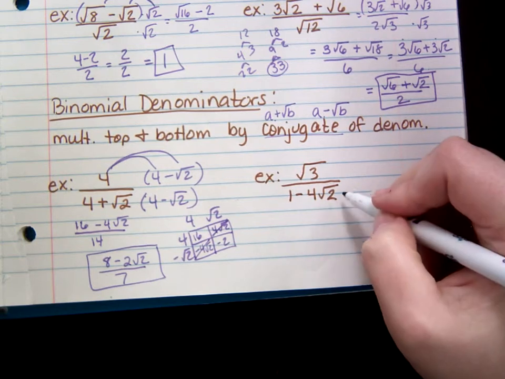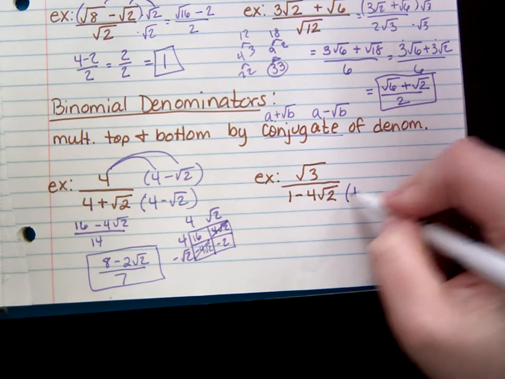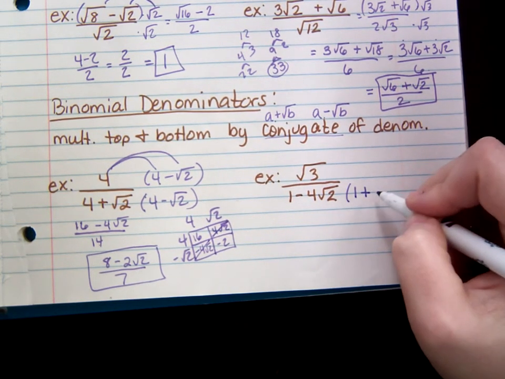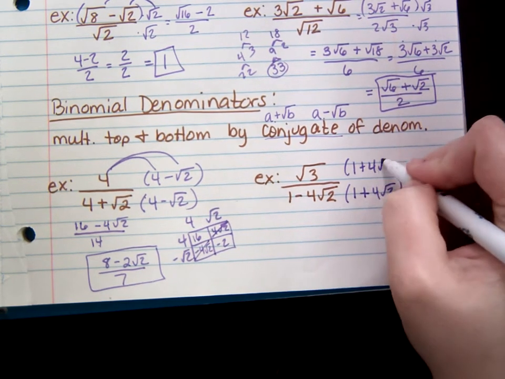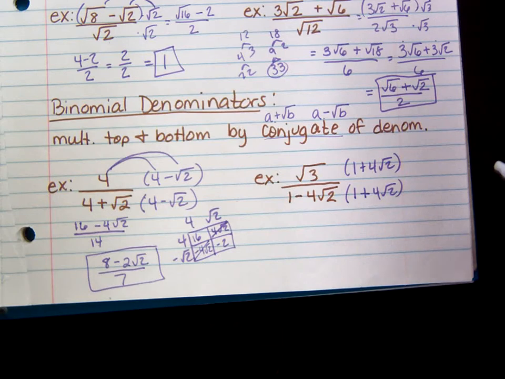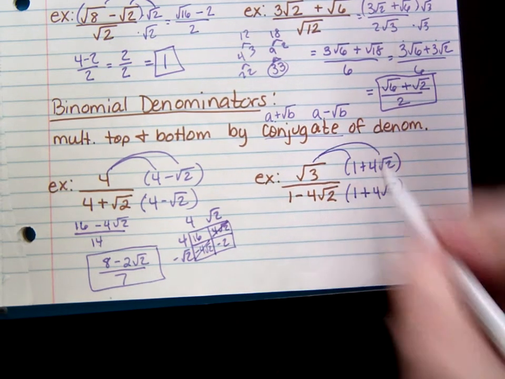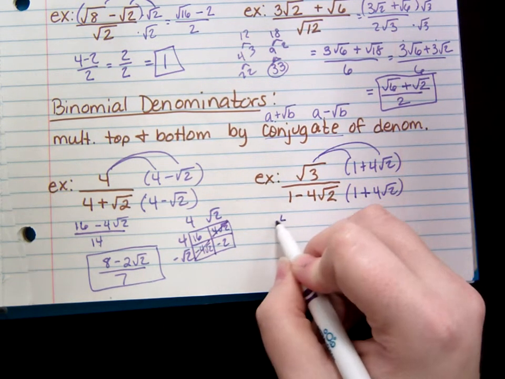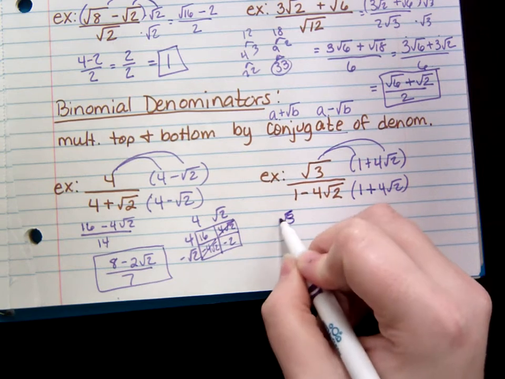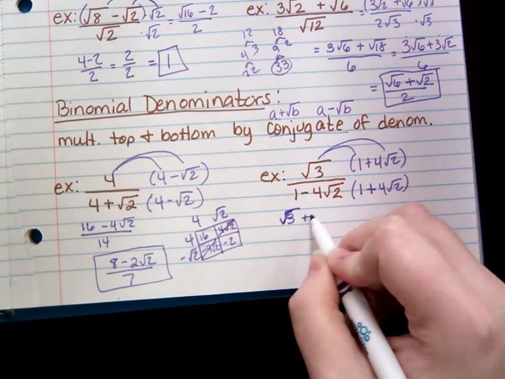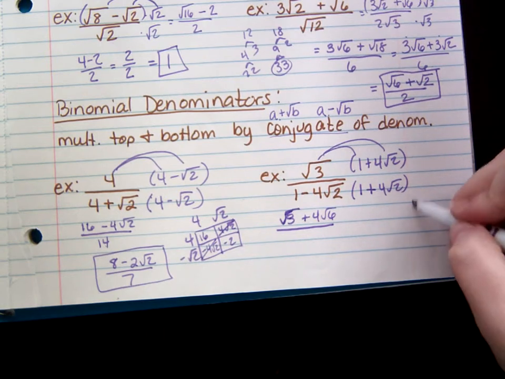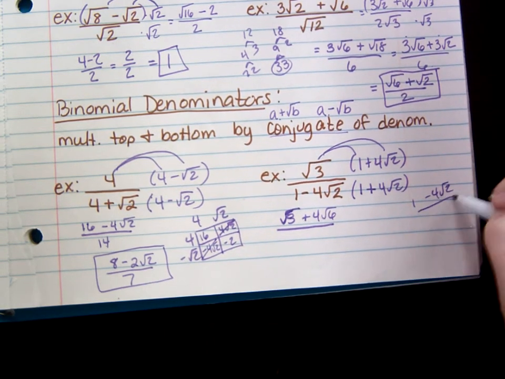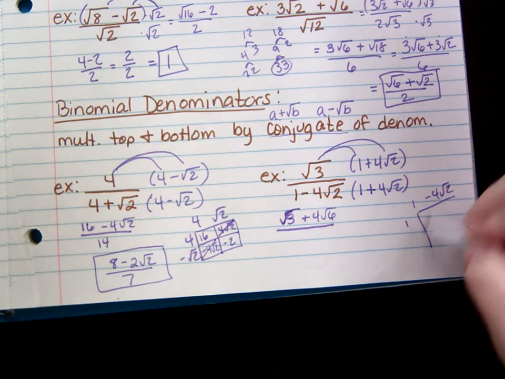Here, same deal, multiply by the conjugate, so 1 plus 4 square root of 2, and then simplify. So distribute to get square root of 3 plus 4 square root of 6, and on the denominator, let me set this up real quick. There we go.